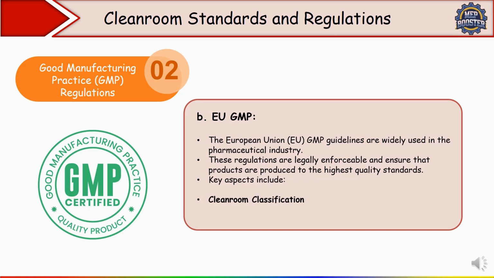The European Union GMP aligns closely with ISO 14644 classification. Second, operational standards: EU GMP requires strict control over personnel, processes and environmental conditions in clean rooms to prevent contamination. Then documentation: detailed records of all operations including cleaning, maintenance and environmental monitoring are mandatory here.